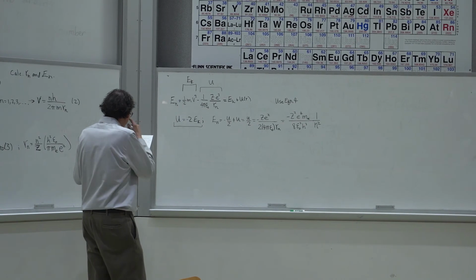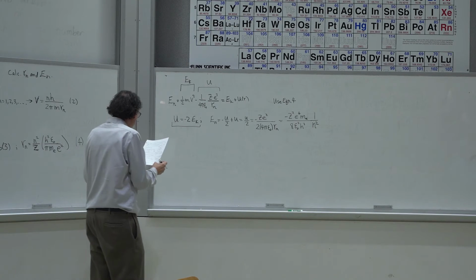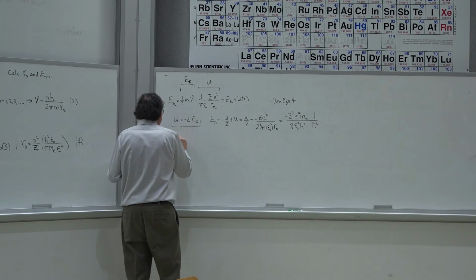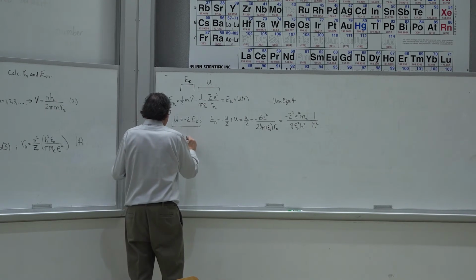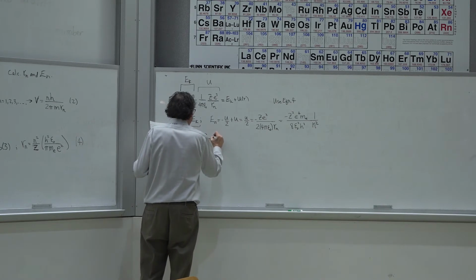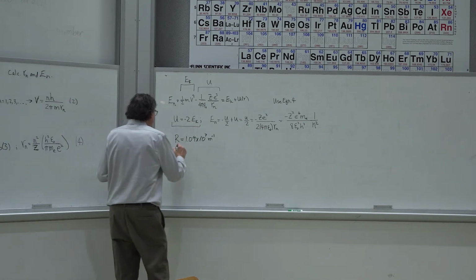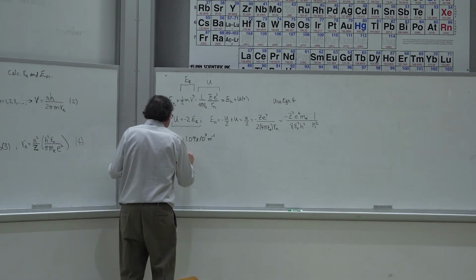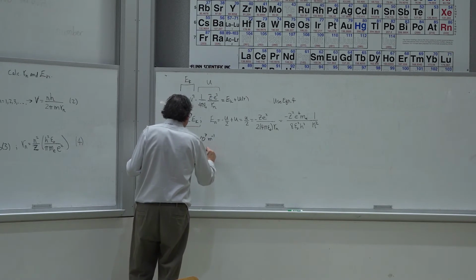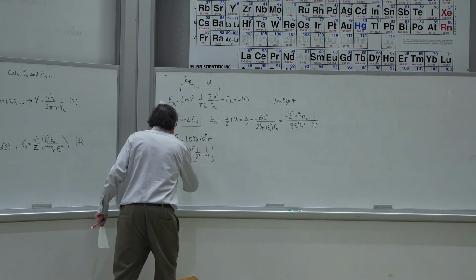Okay, so now what we can do is return to the Rydberg formula. Remember that Rydberg had observed that this number R was 1.09 times 10 to the 7 inverse meters. And this is what we have to show from the Rydberg formula, where 1 over lambda is equal to R times 1 over 2 squared minus 1 over n squared, for these 4 wavelengths, lambda sub n.